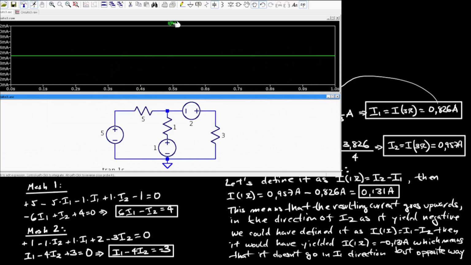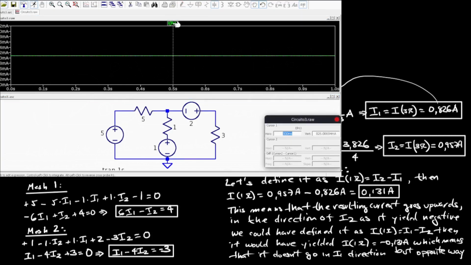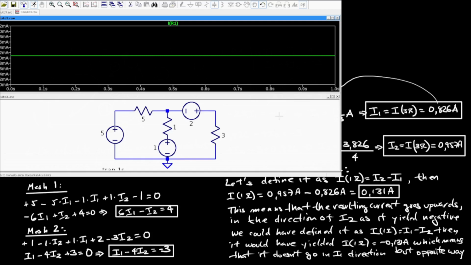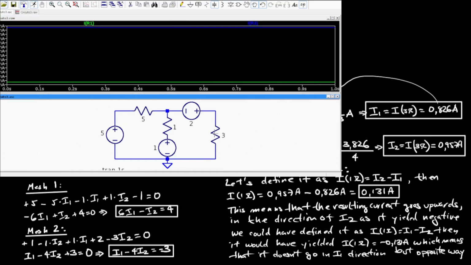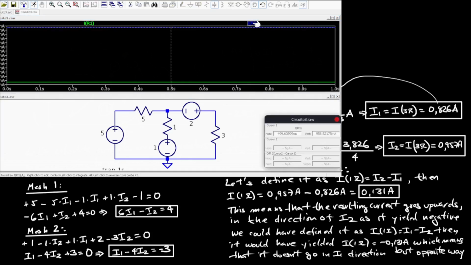It means that it is going from left to right and is the same current I calculated during the analysis of the circuit. So the same way we are going to get the current through the 3 ohm resistor, from the upper side to the lower side. So I can get that the current is the same I got.